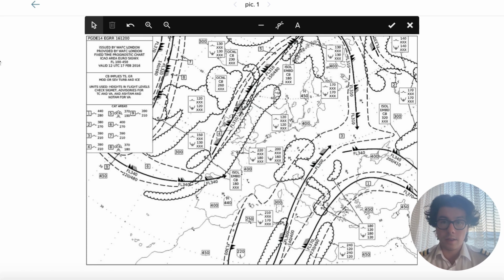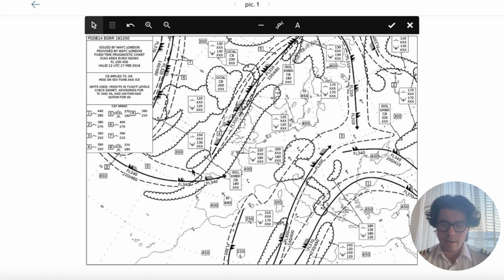These are still used in the actual EASA exams. However, the current ones are a bit more colorful, and now the London weather authorities have changed them slightly so that there are more colors and some more sections. It's a bit easier to read. However, these are required by the examiners in EASA, and this is what you'll see in your current exams.